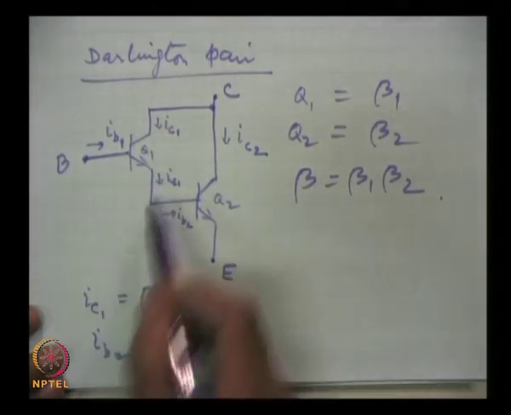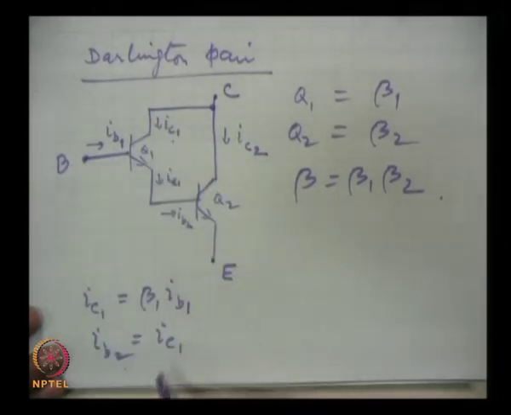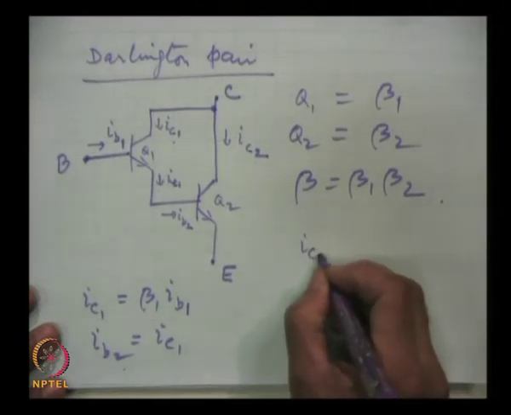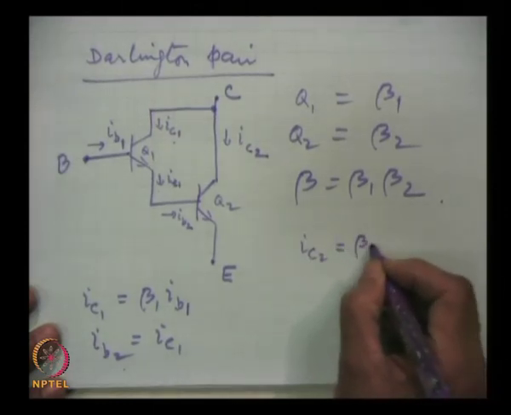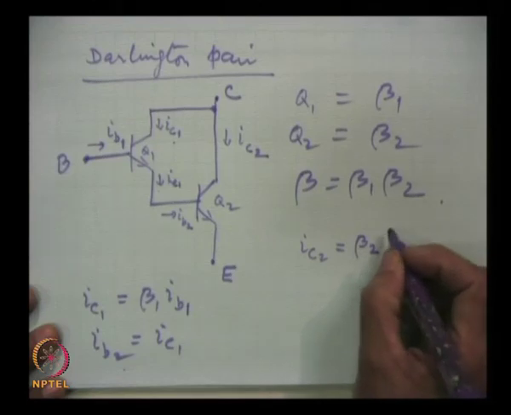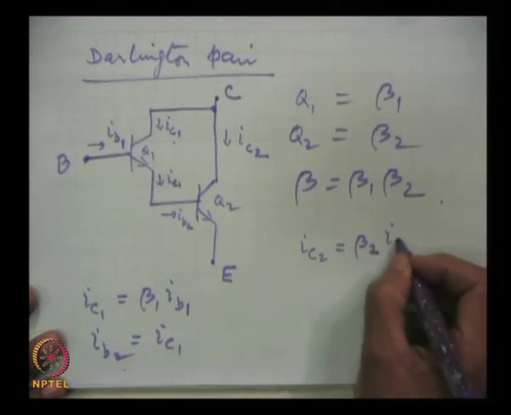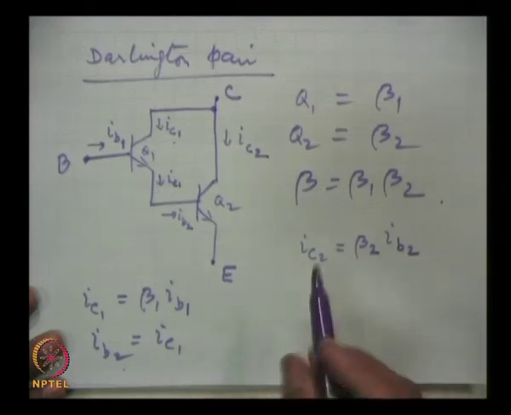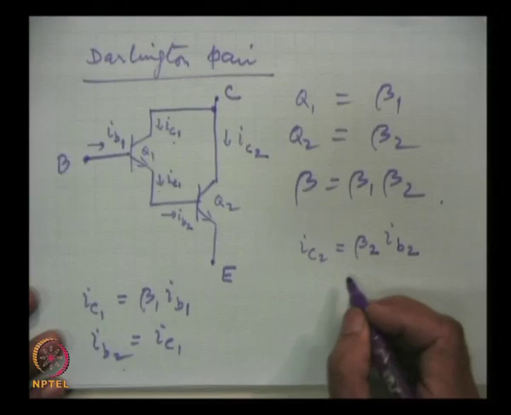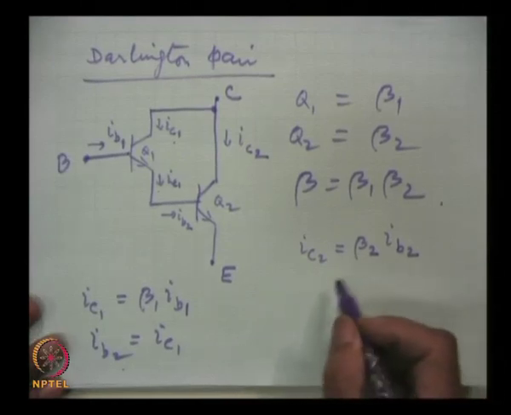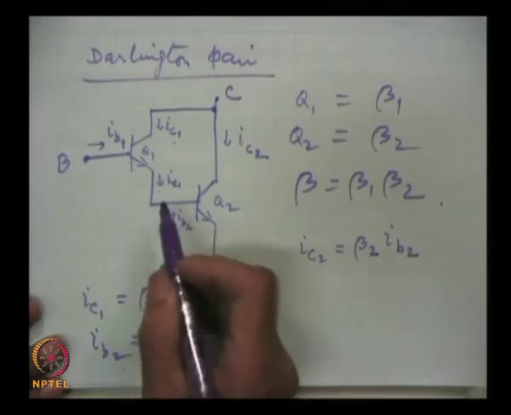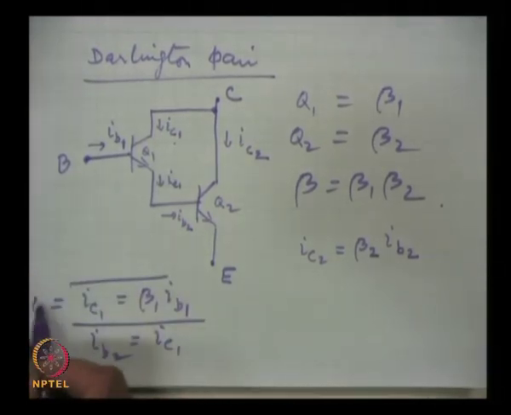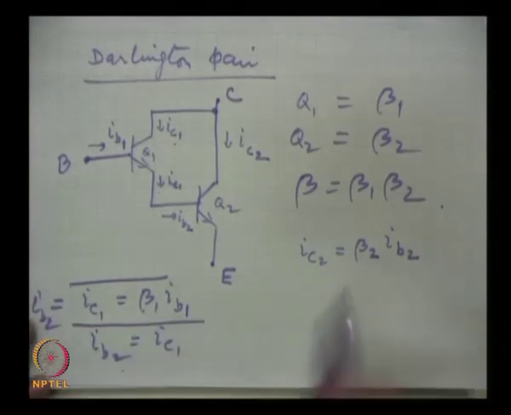So, IB2 is equal to IC1, and then IC2 is beta 2 times IB2, and IB2 is same as here, this we substitute in this.